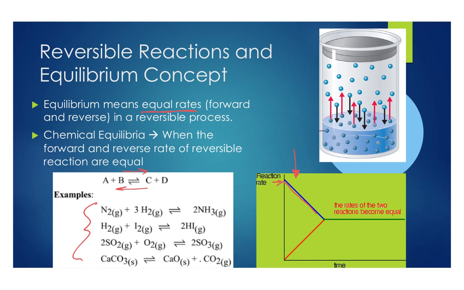As that happens more and more, the reaction rate goes down, because as the concentration of a reactant goes down, the reaction rate goes down. But that also means the reverse reaction is getting faster and faster as more products are made that can turn back into reactants. Eventually you end up with a situation where the rate of the forward reaction and the reverse reaction become equal, and we call that equilibrium.